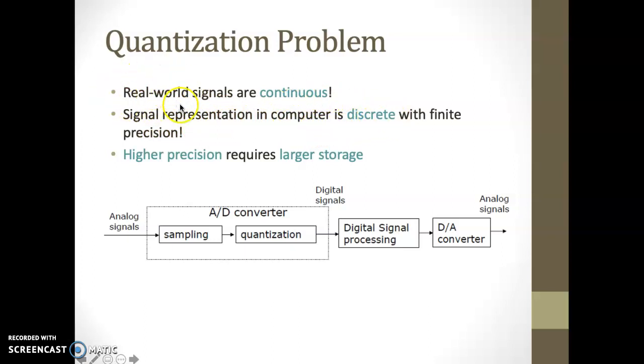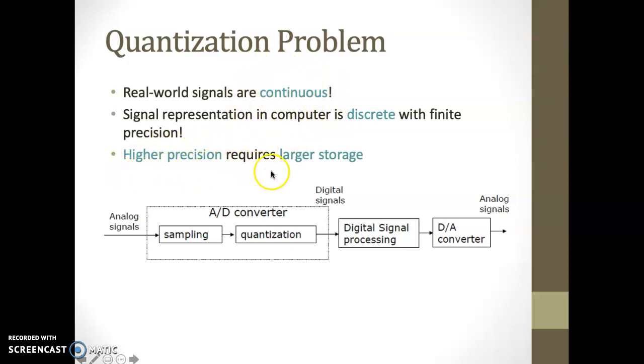Our real image is continuous. Once you digitize, the signal representation in the computer will be discrete, with finite precision. That's how quantization comes in, where you will lose some data, so it is not the same as the continuous.